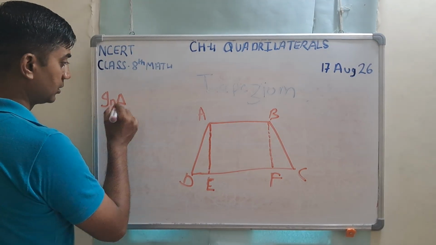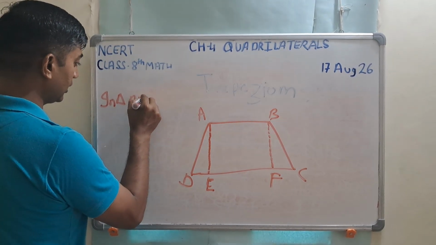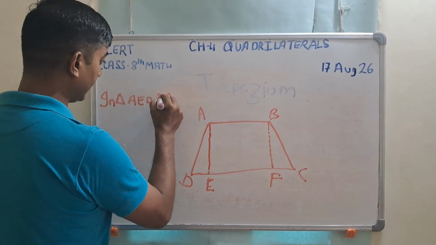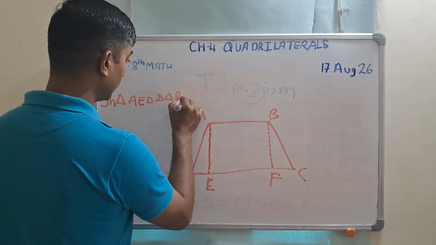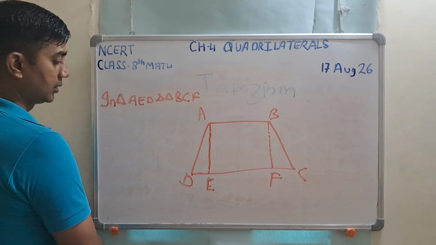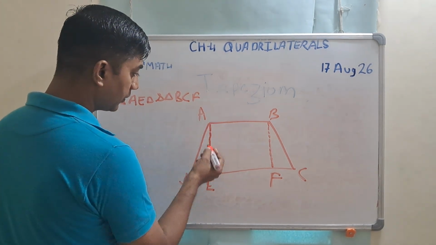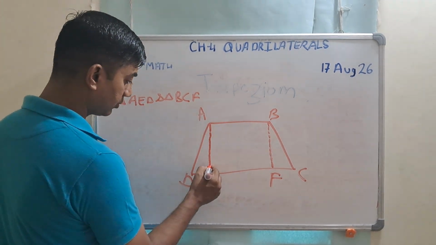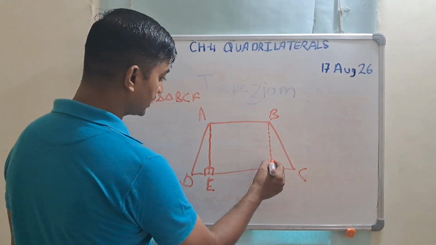in triangle AED and triangle BCF, we see that we have drawn this line perpendicular. Understood?